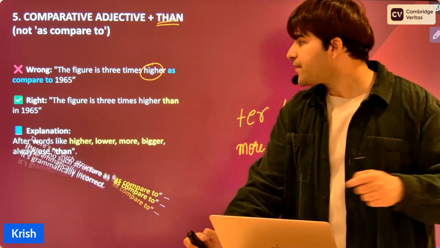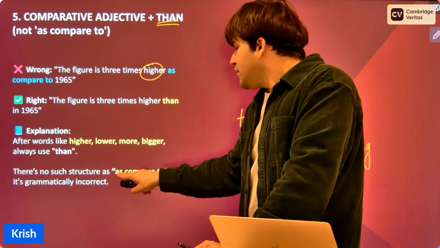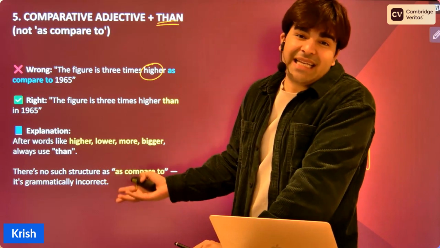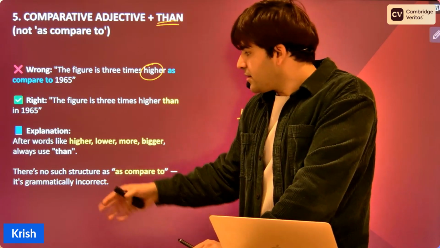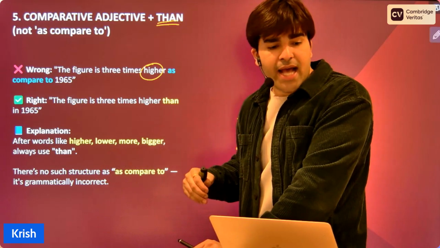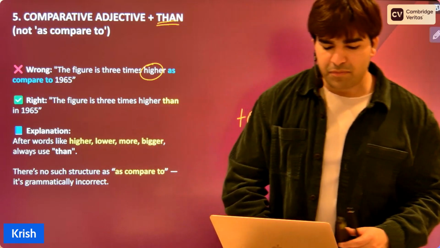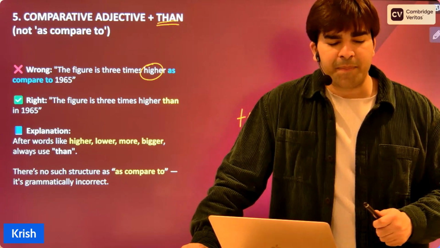The idea is we want to avoid, particularly, the use of as compared to, because it is incorrect. It's grammatically unfit in any form for that matter. So there's no such structure as compared to. All right. And I think we've elucidated that before in a lot of other sentences as well.